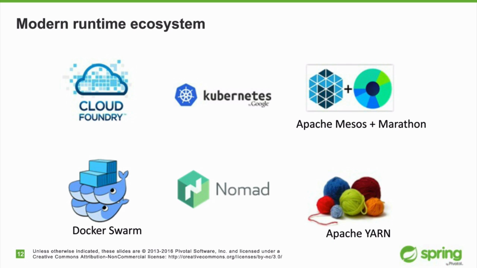So over the past couple of years, there's been quite an explosion of runtimes in the ecosystem. There have been Apache Yarn and Cloud Foundry as examples of a runtime on a big data platform and as well as a PaaS. But now there are quite a lot of newer ones that are gathering attention, such as Kubernetes, Apache Mesos paired with a framework such as Marathon, Docker Swarm has a similar platform, and HashiCorp has Nomad.